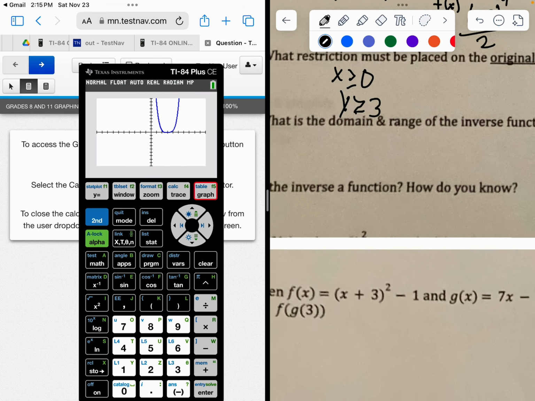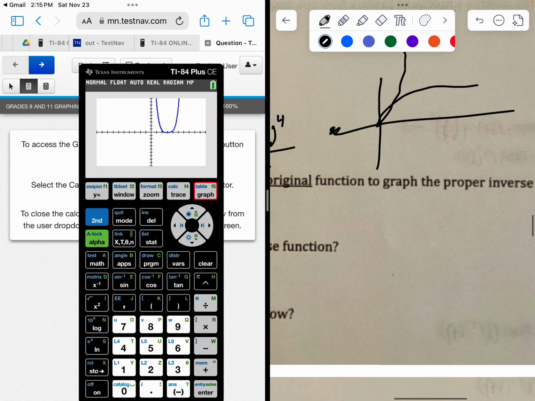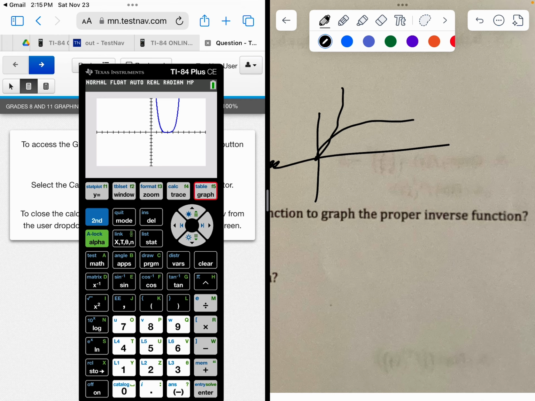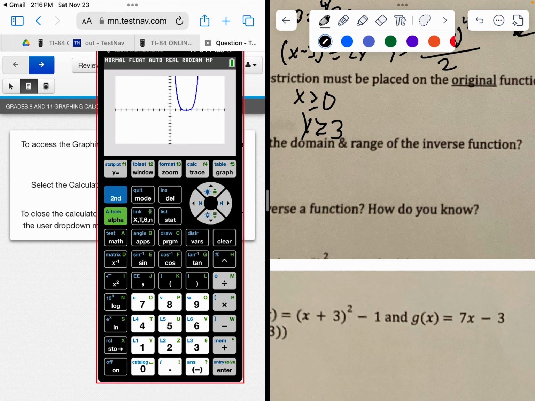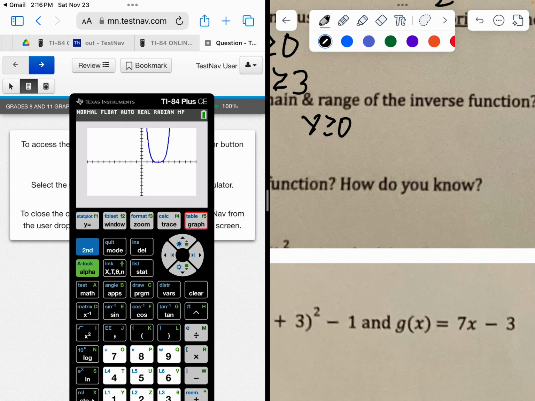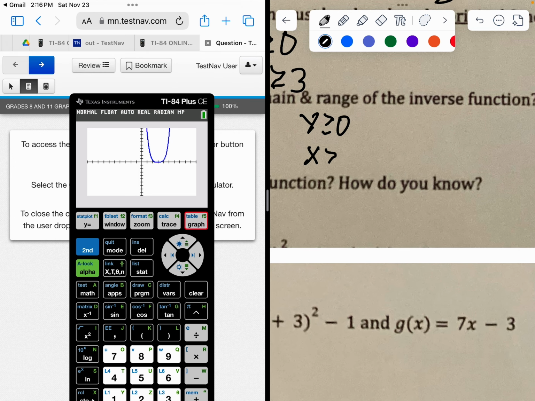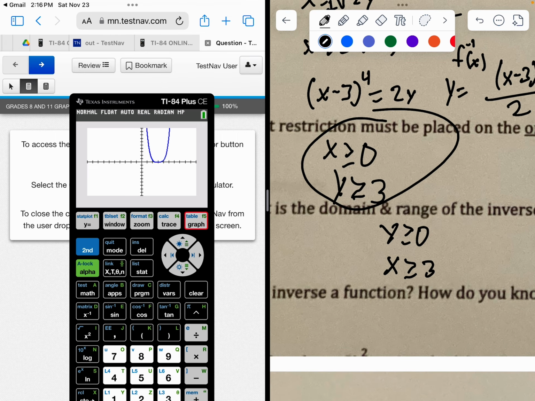We can see what is the domain and range. That's more accurate of what it's going to look like. So in the graph over here, it doesn't go below 0. So y must be greater or equal to 0. And x must be greater or equal to 3. It's literally the opposite of this. You just flip-flop the numbers.